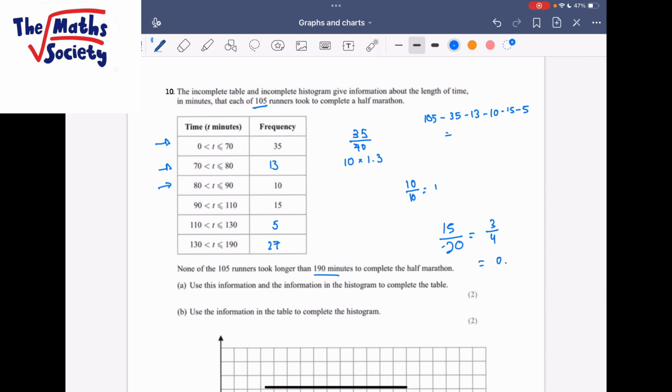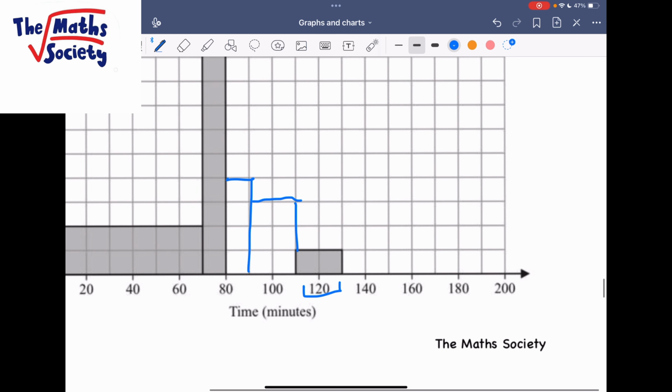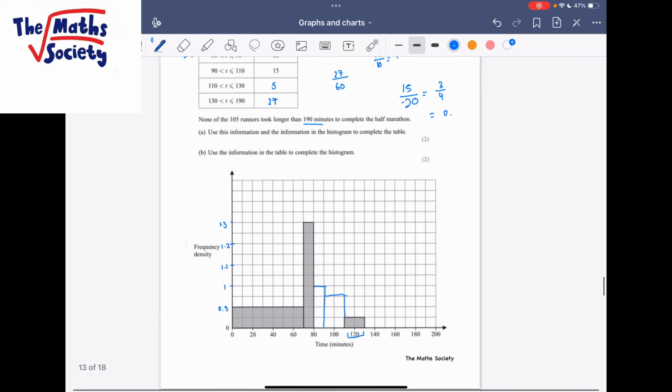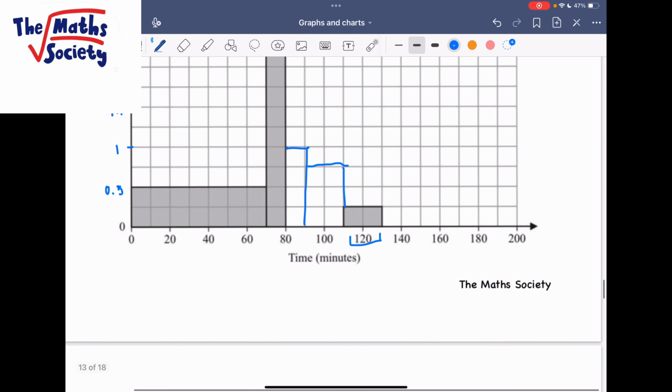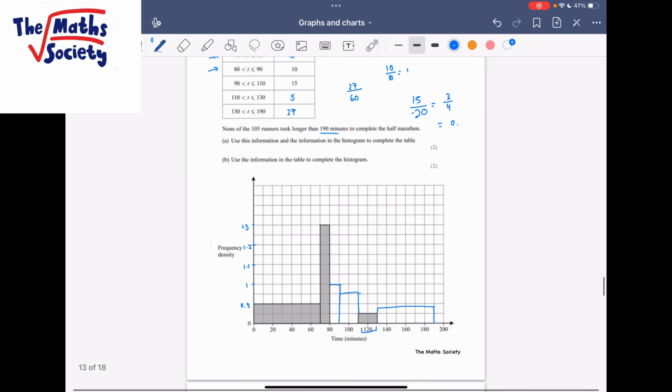And for the frequency density, that will be 27 divided by the class width of 60. So that will end up around less than 0.5. So it should be around there, until 190. So this should be how your histogram should look.